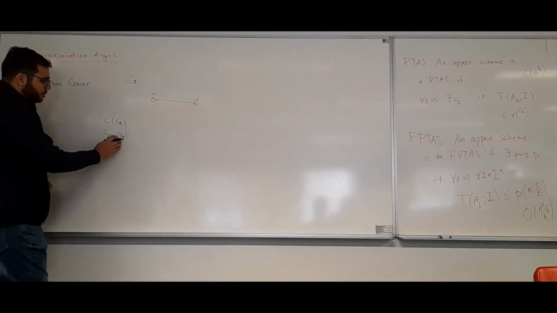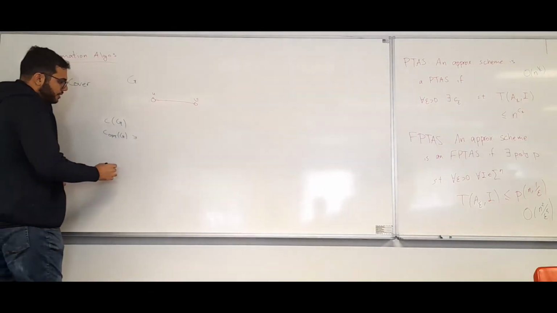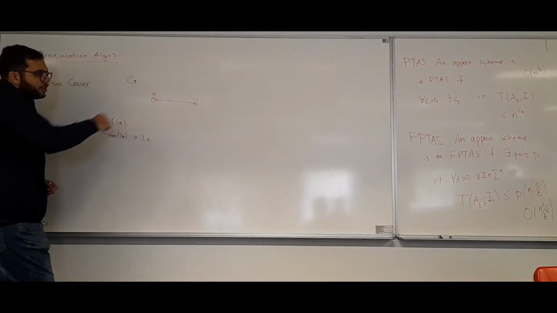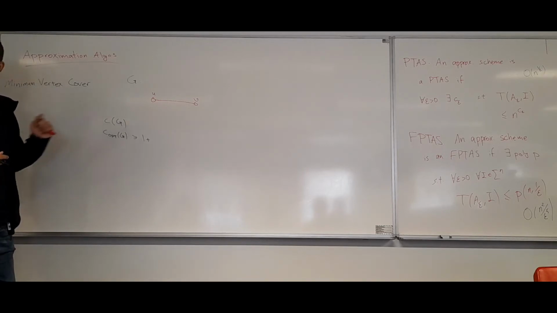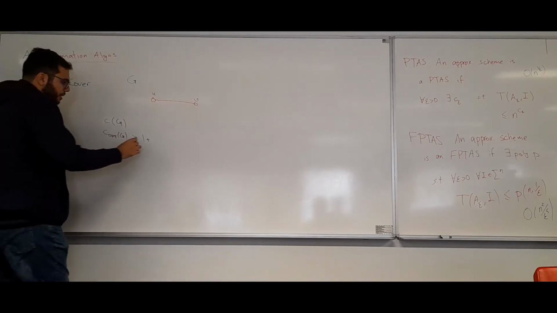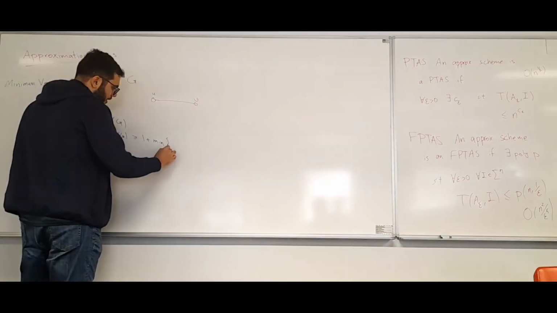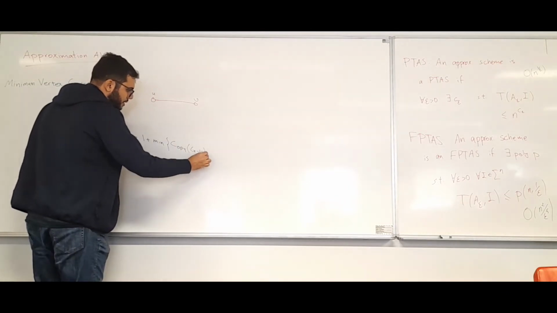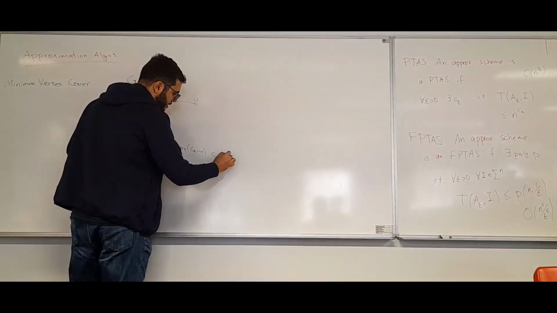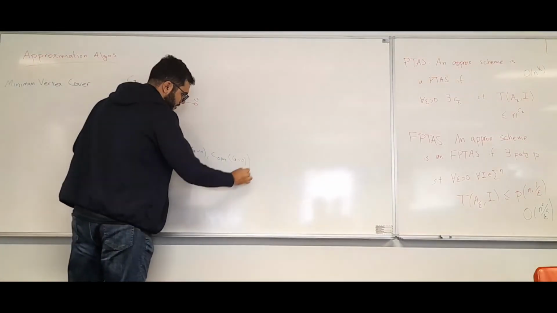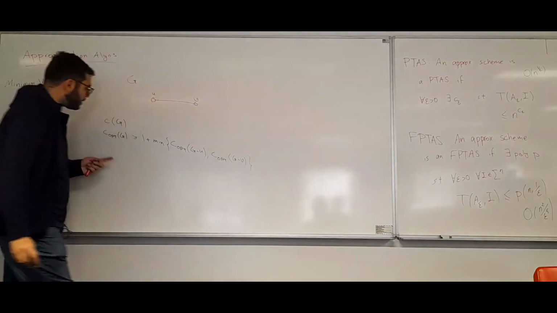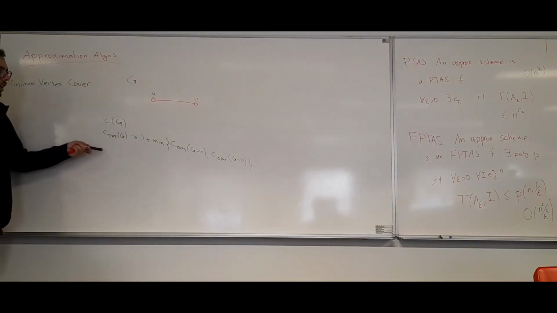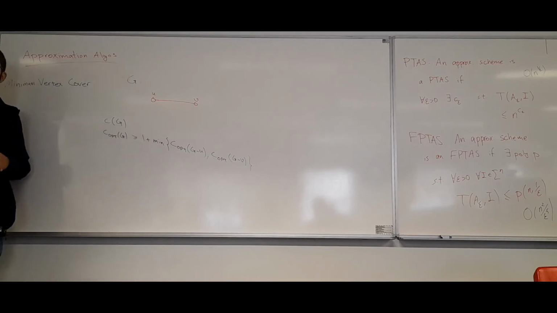So the optimal solution for G is going to be greater than or equal to 1 plus the minimum of C opt of G minus U and C opt of G minus V. This is what I know about the optimal solution. Even though I don't have an algorithm to actually compute it, I just know that it satisfies this inequality.